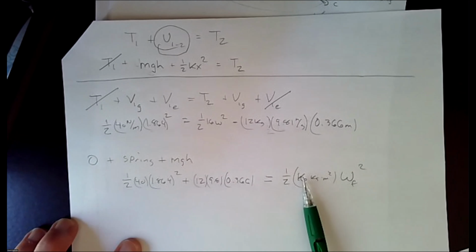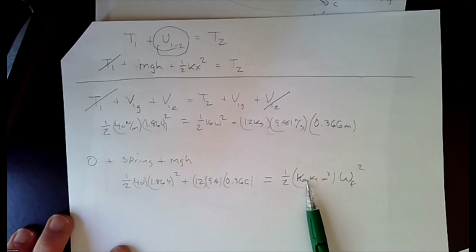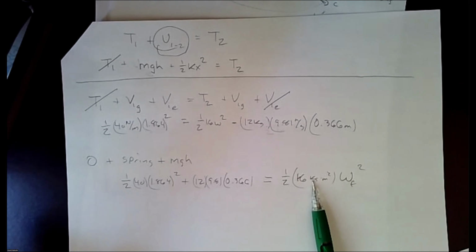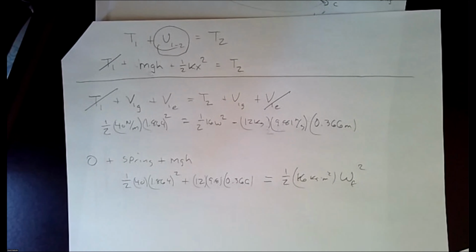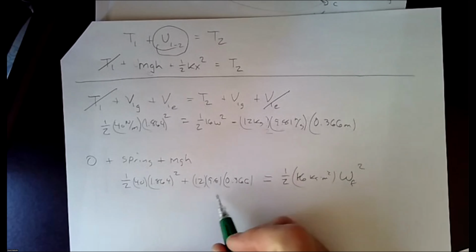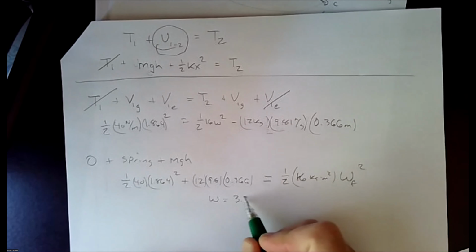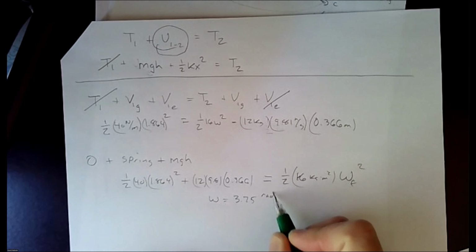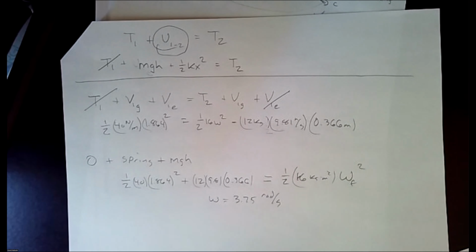Then all I have over here, when I reach the point where the spring is relaxed, is no more gravitational potential energy and no more elastic energy, so all I have is that final omega. If I solve for that, I get omega equals 3.75 rads per second. And it's going clockwise. It can't go anywhere else.